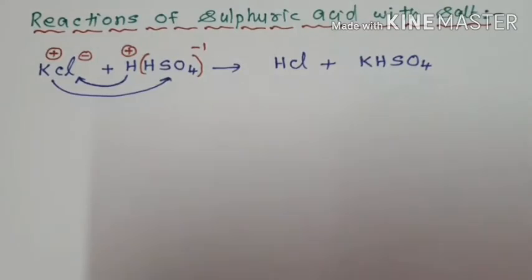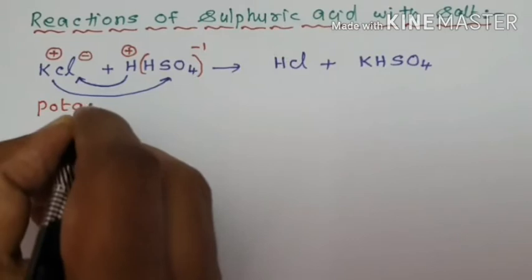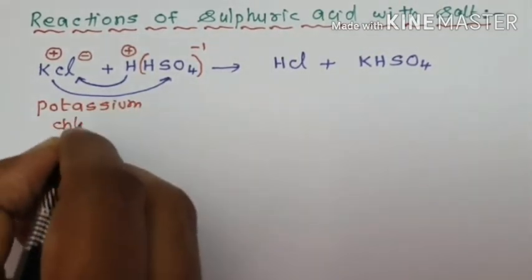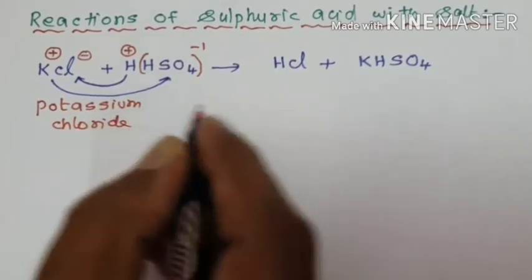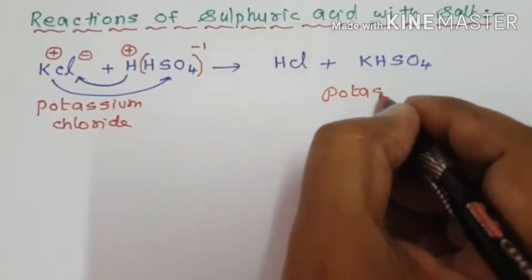Both the valencies are equal. This is your potassium chloride, which when treated with sulfuric acid gives potassium bisulfate.